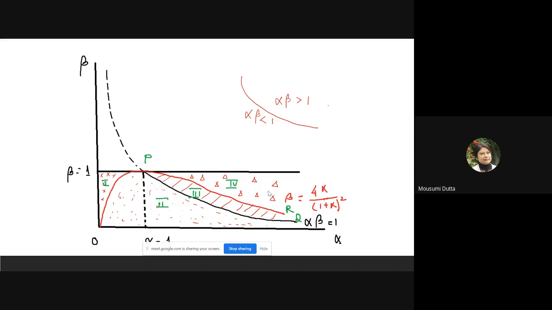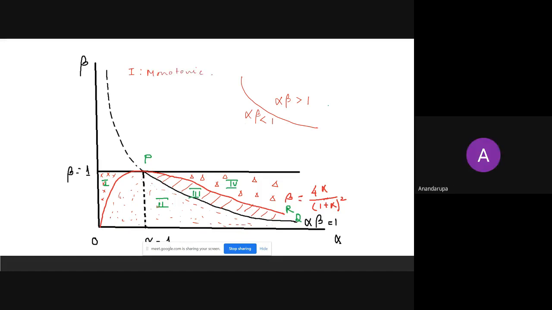Together the two conditions provide what type of time path? Anyone? Ma'am, it's monotonically convergent.